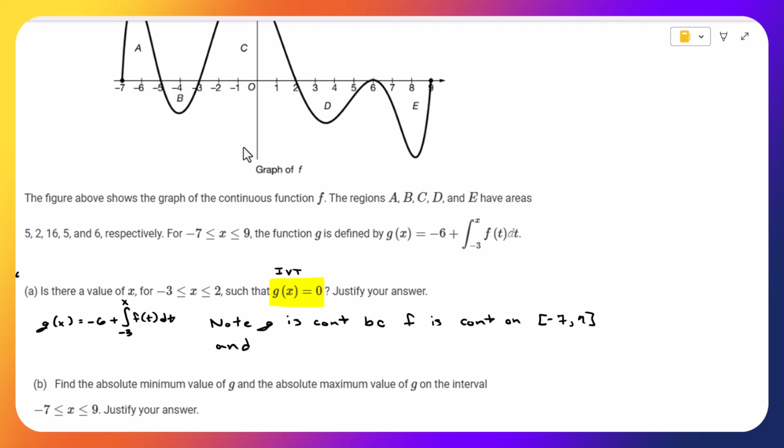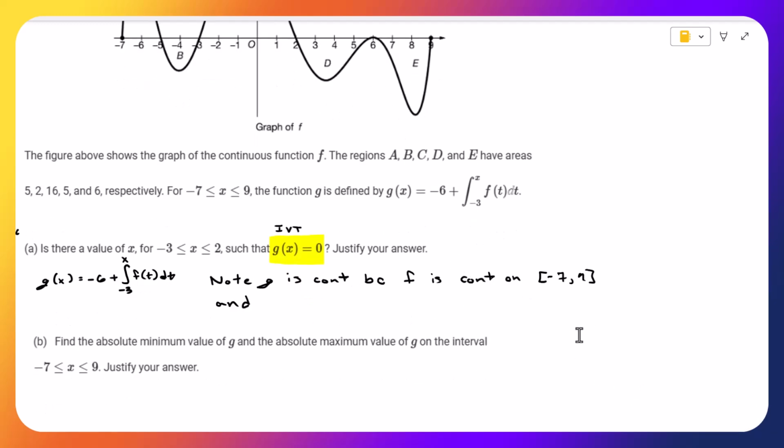And since, and I'm probably going to pause in a second and explain that a little bit in more depth, but let me just write it really quick and then I'll come back. And since g is an antiderivative of f, it is continuous on -3 to 2. Okay, so let me write all this and then I'm going to come back, and then I'll explain this a little bit better.